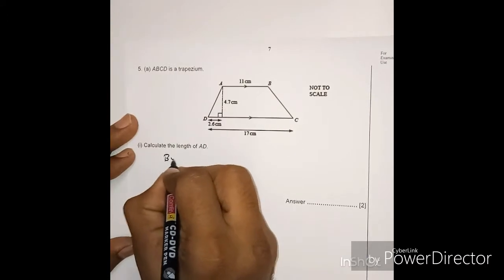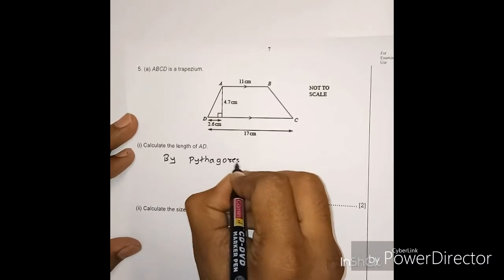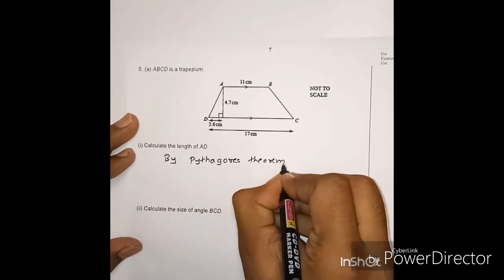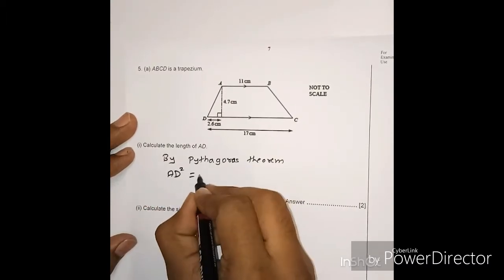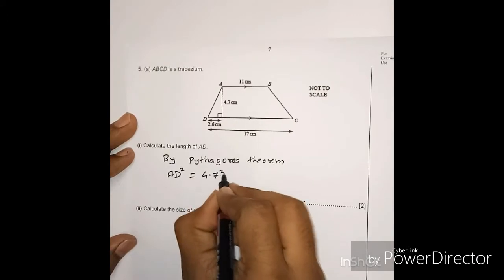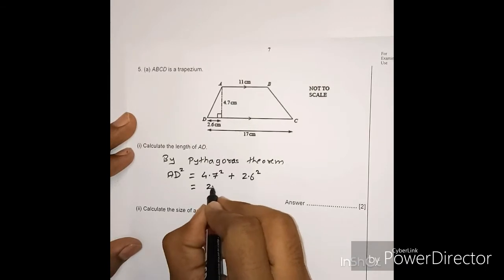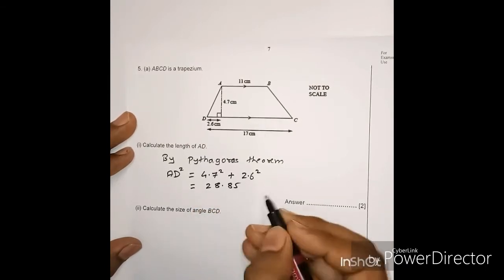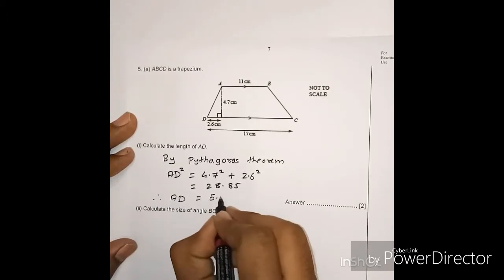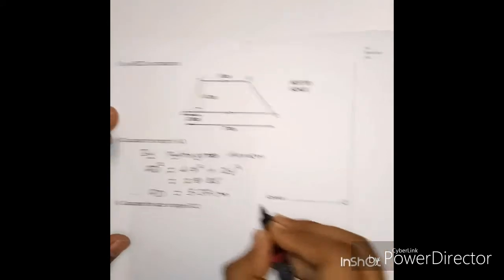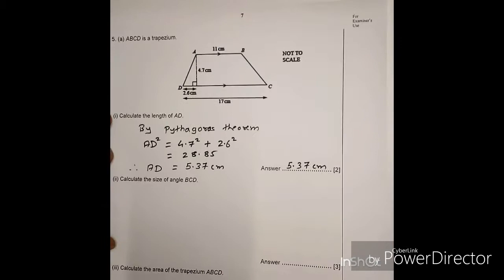So by using Pythagoras theorem, AD square will be equal to 4.7 square plus 2.6 square, which is equal to 28.85. Therefore your AD will be equal to 5.37 centimeter. So my answer is 5.37 centimeter.